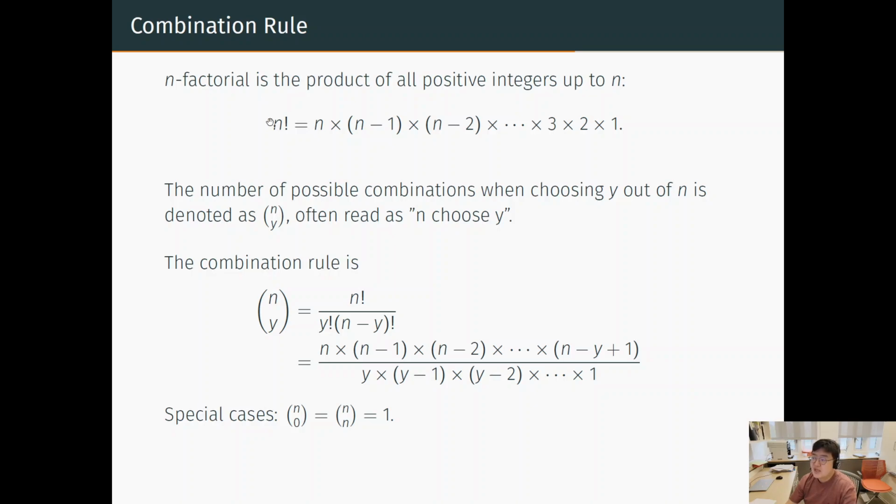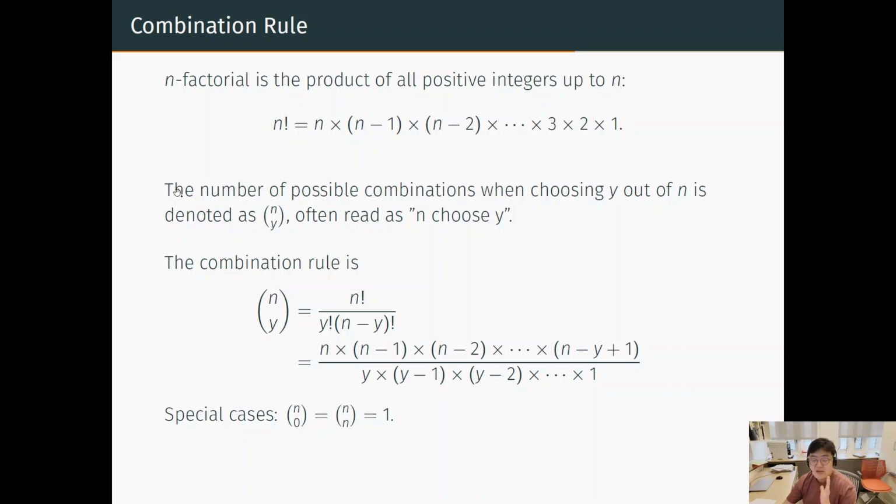N factorial is just multiplication of consecutive numbers from n down to 1. So for a non-negative integer n, n exclamation mark is multiplication from n down to 1. Just multiply all the numbers, okay? And then we need this notation to define this.